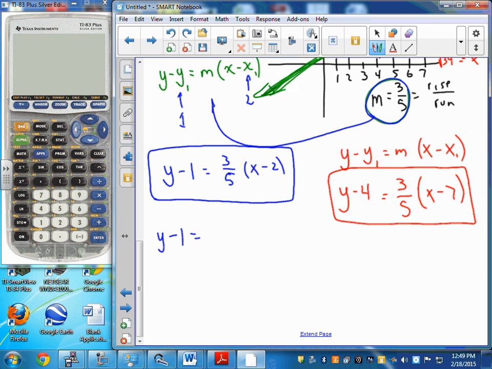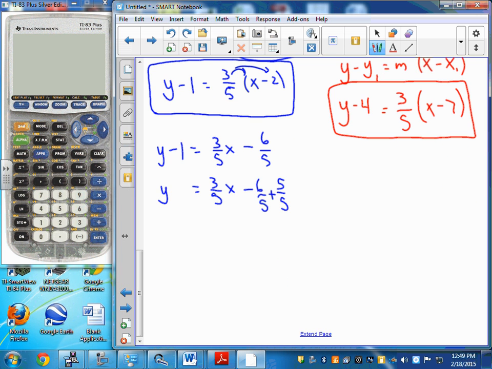This is 3/5 x minus 6/5, right, distributing. And then I'll go and add 1 to both sides. So 3/5 x, now I'm adding 1, right? So this is minus 6/5, but I'm adding 5/5, right? Adding 1 to both sides. So I have y is 3/5 x minus 1/5. That's slope-intercept form.